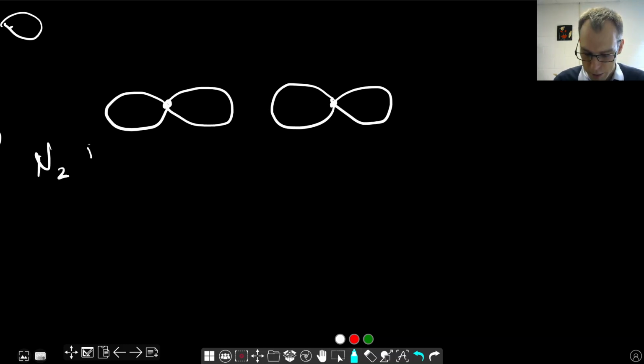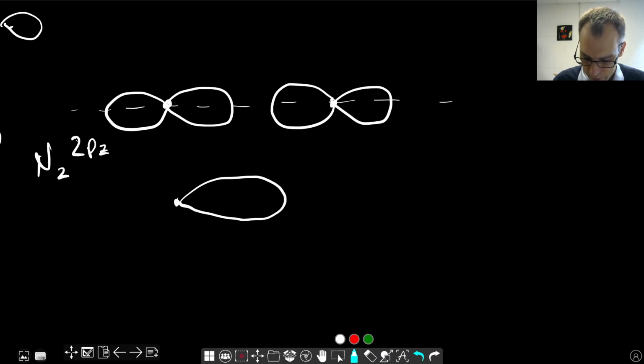And this is what we call the pz orbital, the 2pz. We pick z to be the orbitals that point along the axis of the bond. Now these two orbitals can combine to form a molecular orbital that looks something like this. We can do plus or minus.